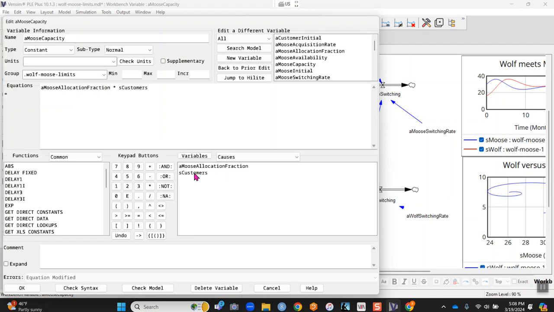Now, because customers will change over time given the flow rates, I think we got enough time-based moves throughout the entire system in this model to leave this constant. This moose allocation fraction is going to be constant. It's constant because it's taking the initial wolf and moose customer ratio as the basis. Okay, good.